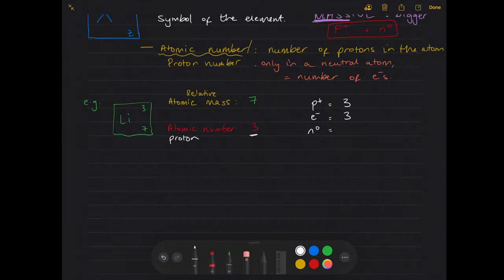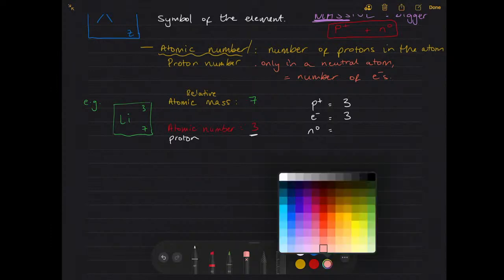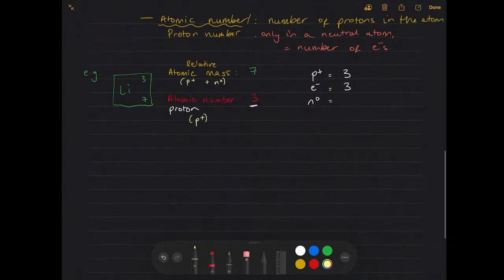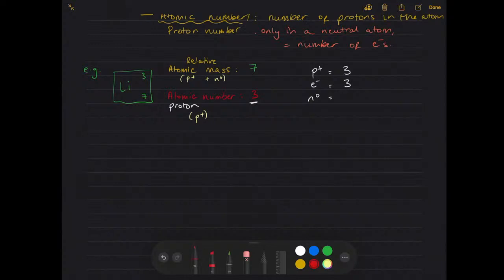And finally, to work out the neutrons, let me remind you that the atomic mass is equal to protons and neutrons, whereas atomic number is only the protons. So if you subtract the atomic number from the atomic mass, you'll be left with the neutrons.